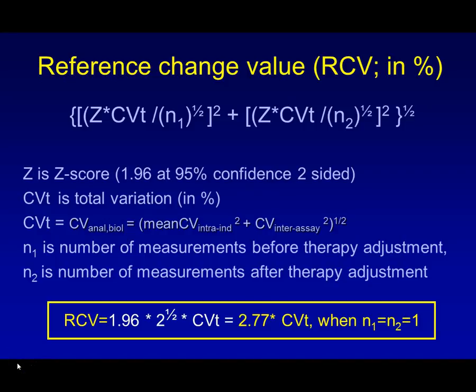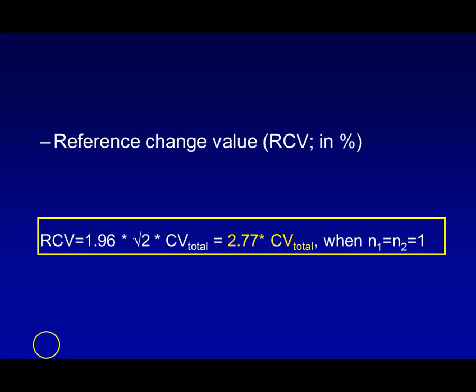Simplified, and you should remember this formula, it is 2.77 times the total variation when we apply just one measurement before and after. And this is what we most times do in clinical chemistry. So please record 2.77 times the total variation, which is the sum of intra-individual variation and inter-assay variation.